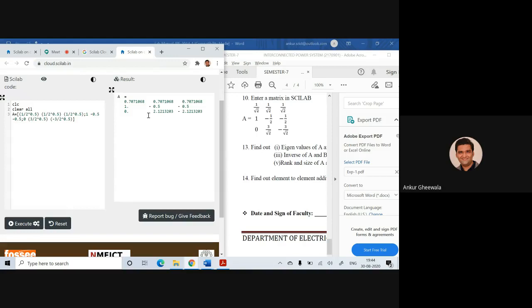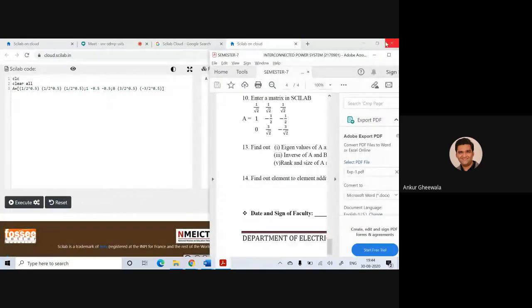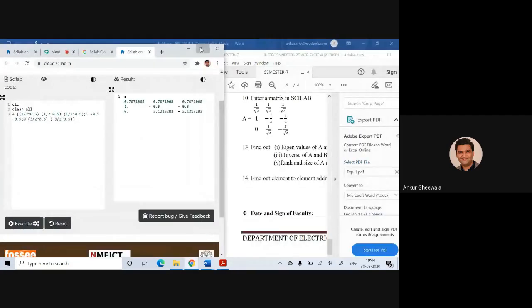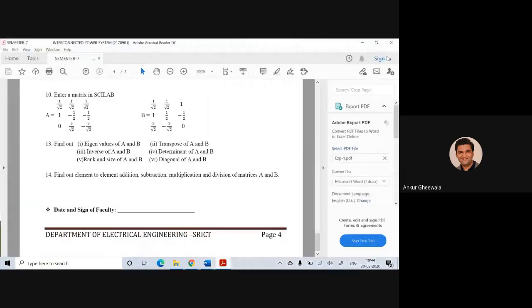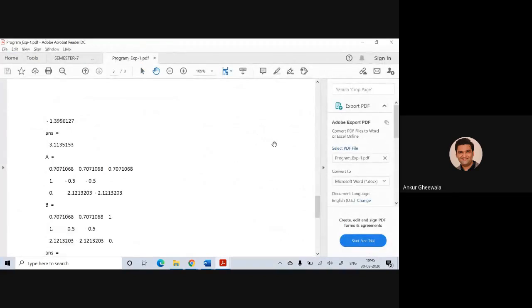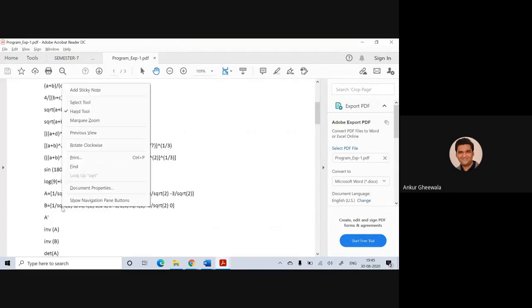Same as it is, I can also define another matrix. Now same as it is, I will also define this.